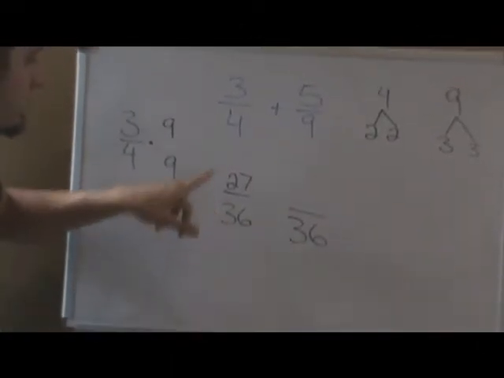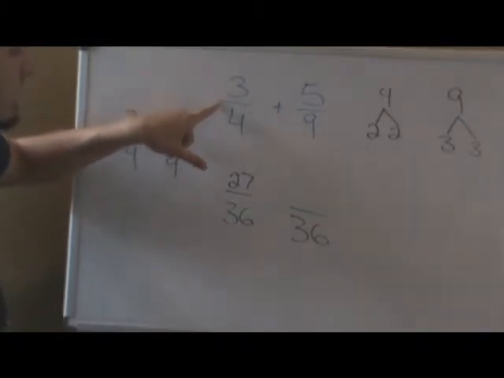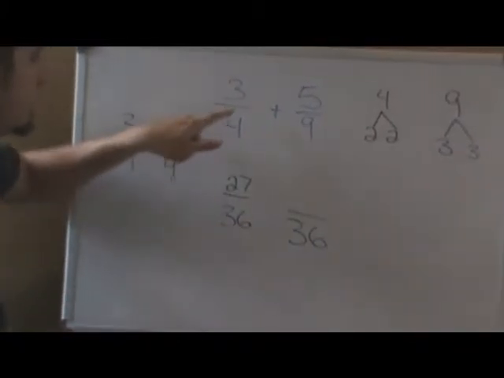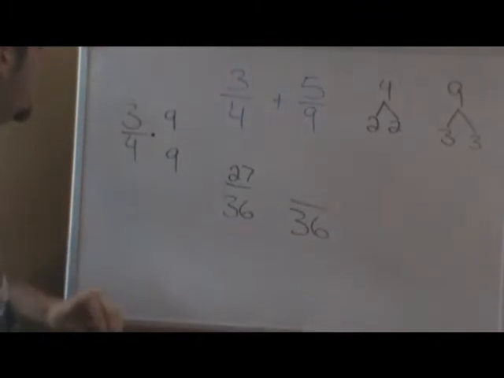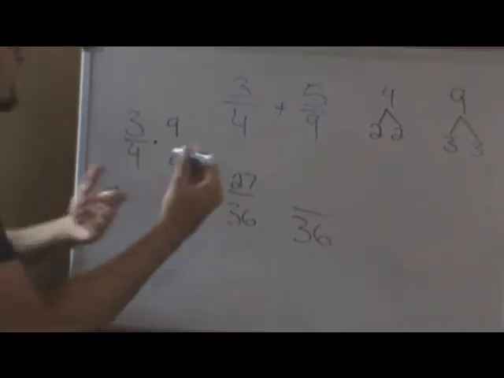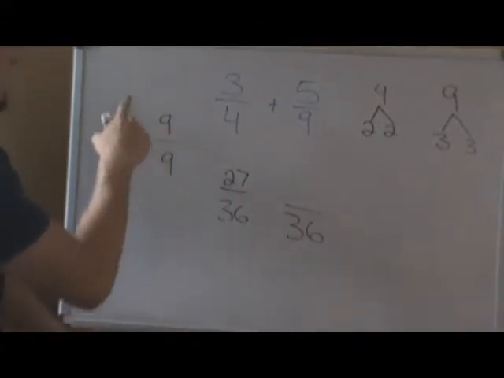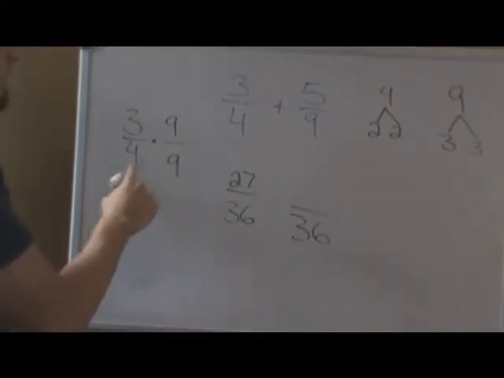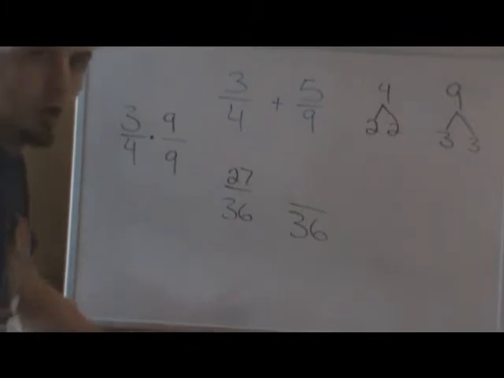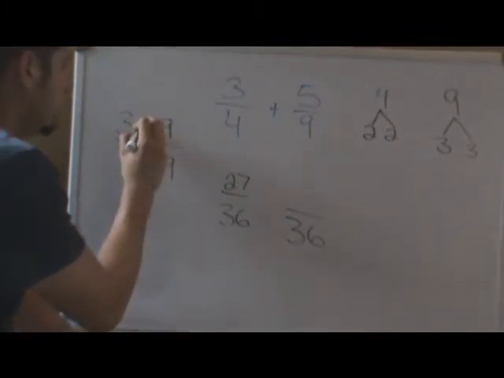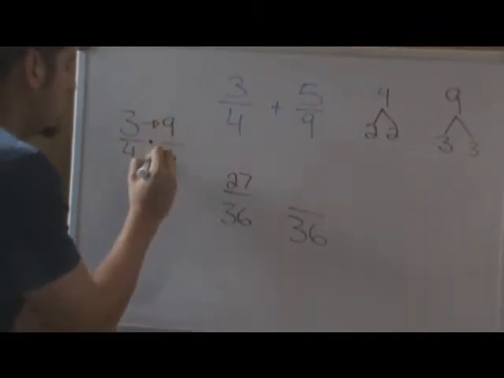27 divided by 36 gets you the same answer as 3 divided by 4. Remember, this fraction bar means divide. Now, when I multiply both top and bottom by the same number, what that does is it actually multiplies my fraction by 1. Because if you recall, when you multiply fractions, you just simply go straight across.